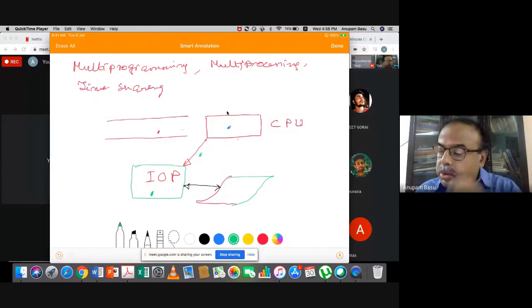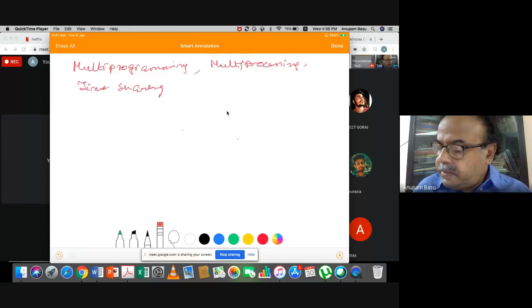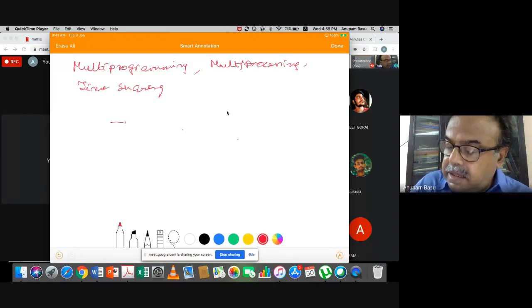So therefore, what is happening is, let me erase all of this. If I draw a time chart, I can draw it like this. These are the time cycles. During this time, the green was executing.